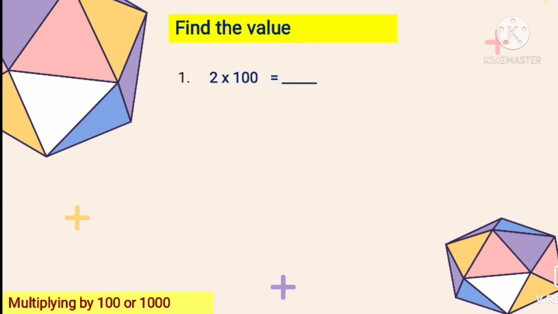So let's practice. 2 times 100, you write down 2 and add with how many zeros?